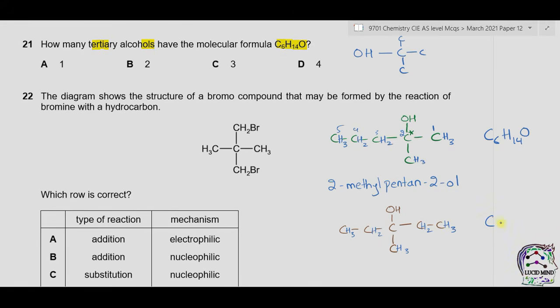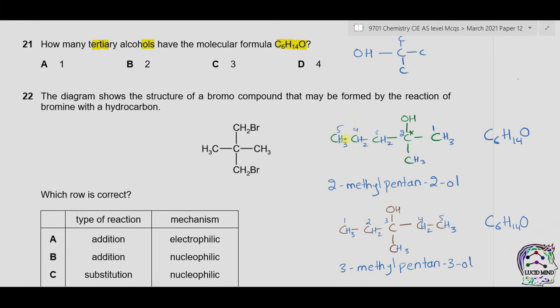Molecular formula is again C6H14O. And the naming can be started from either end. It will be 3-hydroxy pentane. Then we have on third carbon atom methyl group. So 3-methyl pentane 3-ol.